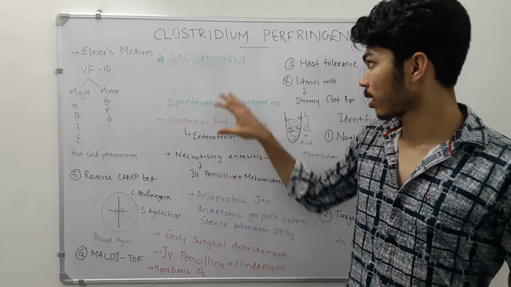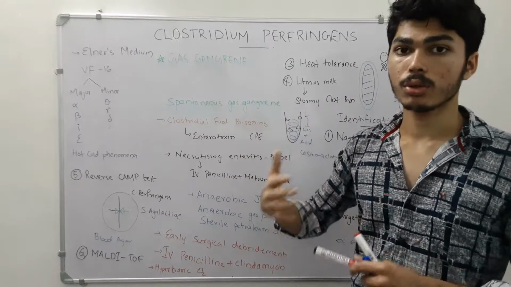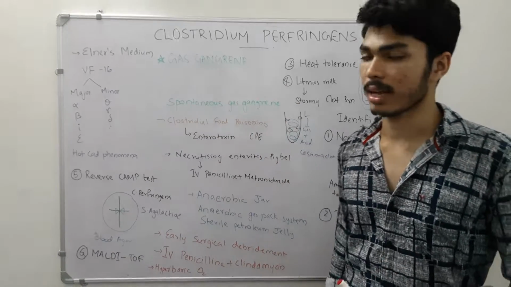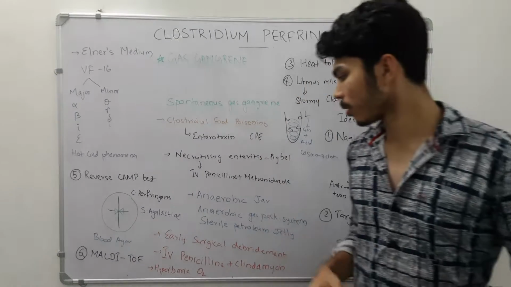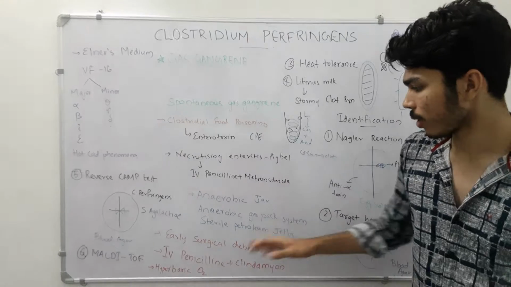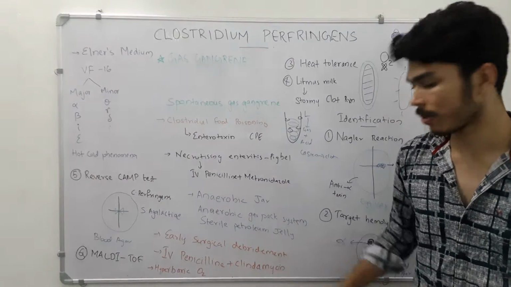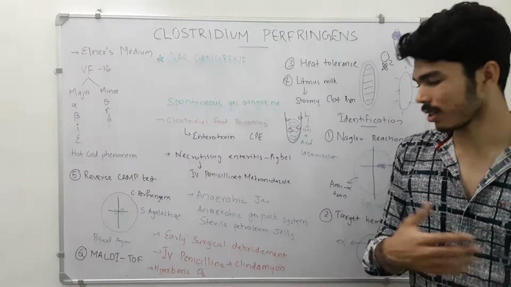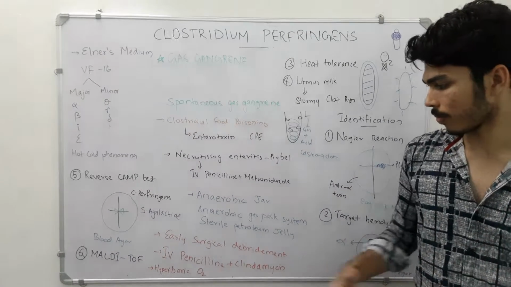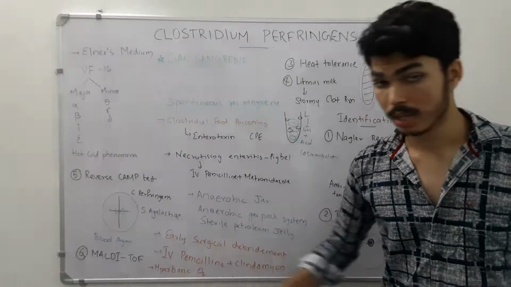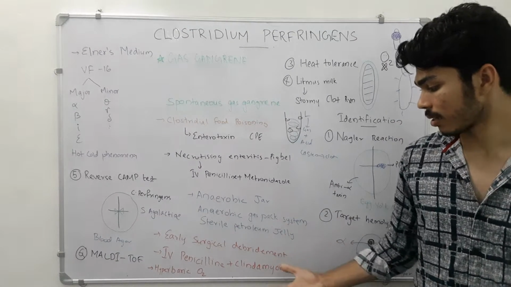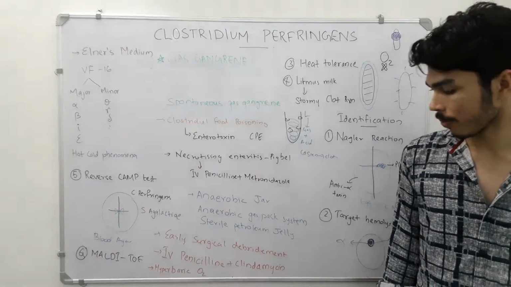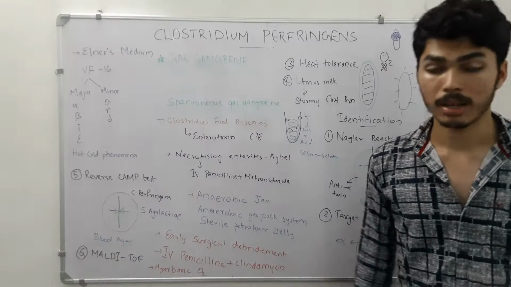And I forgot to discuss the treatment of gas gangrene. In the treatment of gas gangrene, what you can give is early surgical debridement, removing the affected tissue surgically. Then after that, you can use antibiotics, that is IV penicillin and clindamycin. Then you can use hyperbaric oxygen.